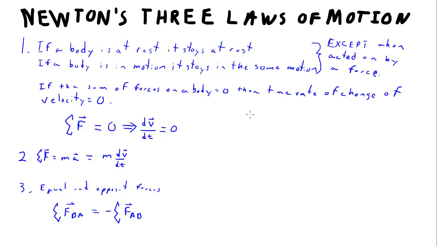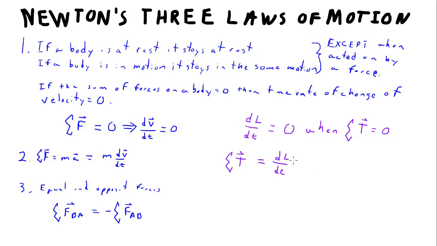We're going to call angular momentum L. The time rate of change of angular momentum is equal to 0 when the sum of the torques on the body equals 0. Or we can write Newton's second law in an angular motion reference. We can say that the sum of torques on a body equals dL/dt.